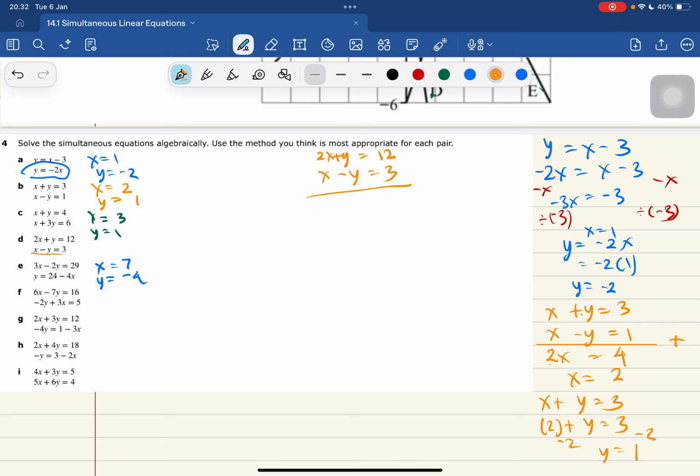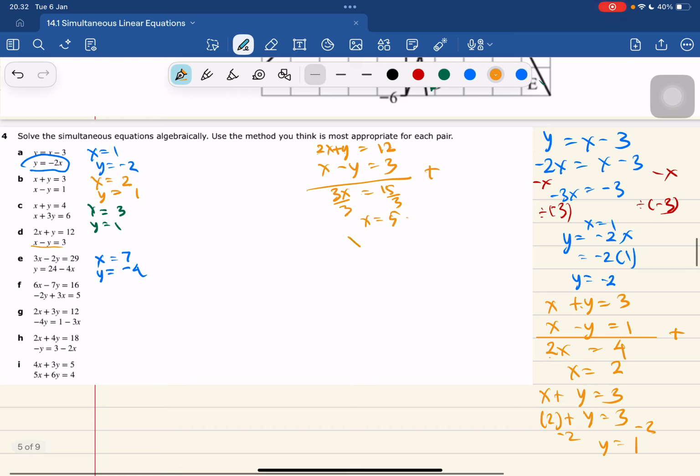To eliminate the y variable, we can just add. So 2x plus x is 3x, y plus minus y is 0, and 12 plus 3 is 15. We divide both sides by 3, so x equals 5. Then we substitute into 2x plus y equals 12.